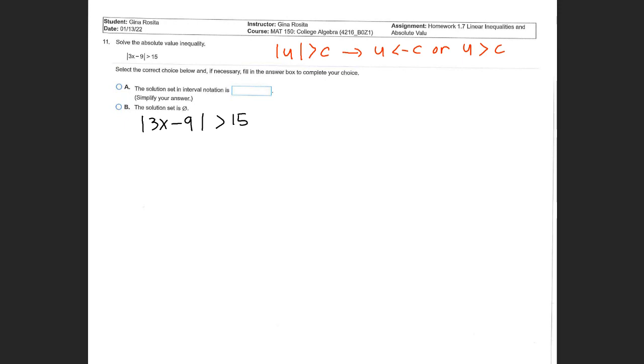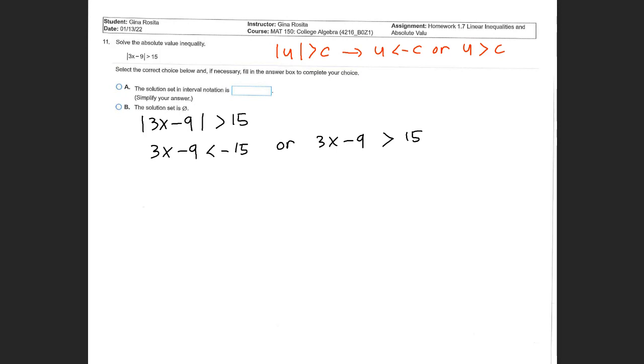So we write 3x minus 9 less than negative 15 or 3x minus 9 greater than 15. Just follow the formula.